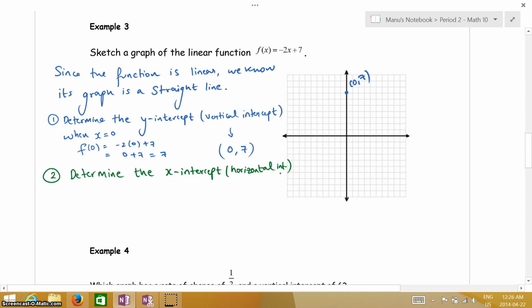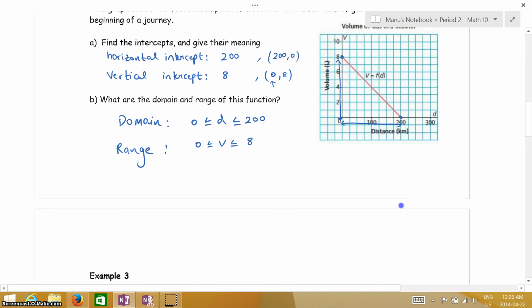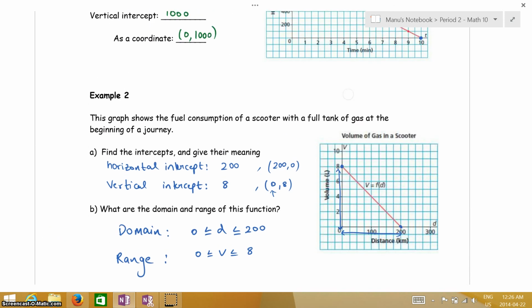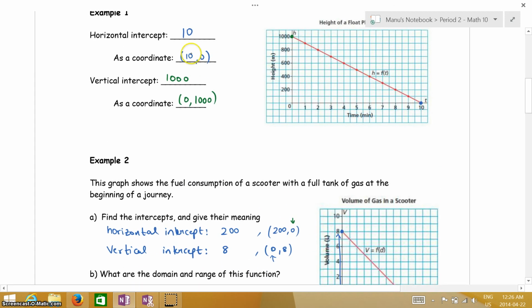And again, if I go back and take a look at my previous example, you'll notice that the horizontal intercept happens when the y value is 0. So the horizontal intercept happened at (200, 0). There the y value was 0. Similarly here, the horizontal intercept happens when the y value is 0.